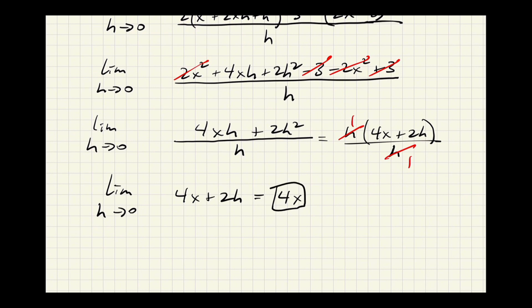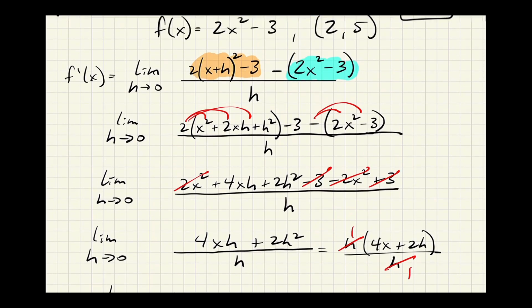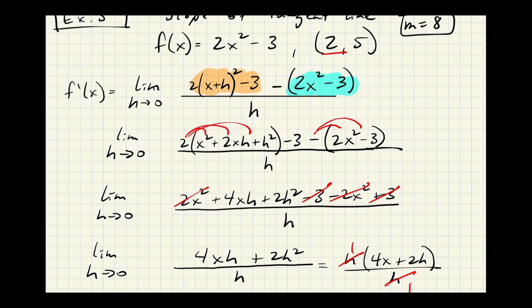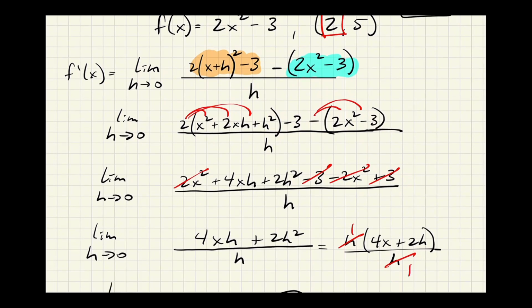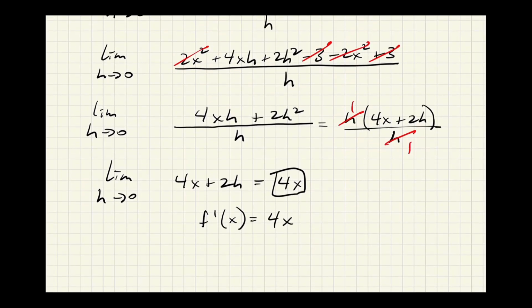So the derivative is 4x. Now that's not a slope, that's just the derivative equation. To get the slope, now we have to plug in 2 for x. And you get 8. 8 is the slope of the tangent line.